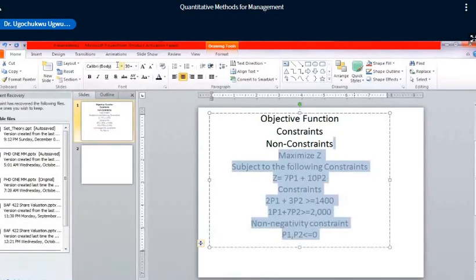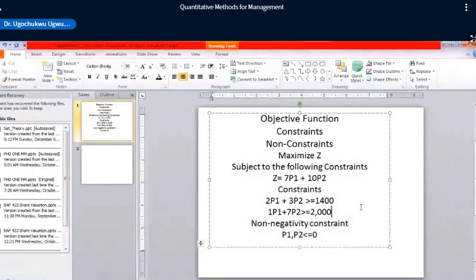What I did was just more like a sketch for you to understand how it is structured.